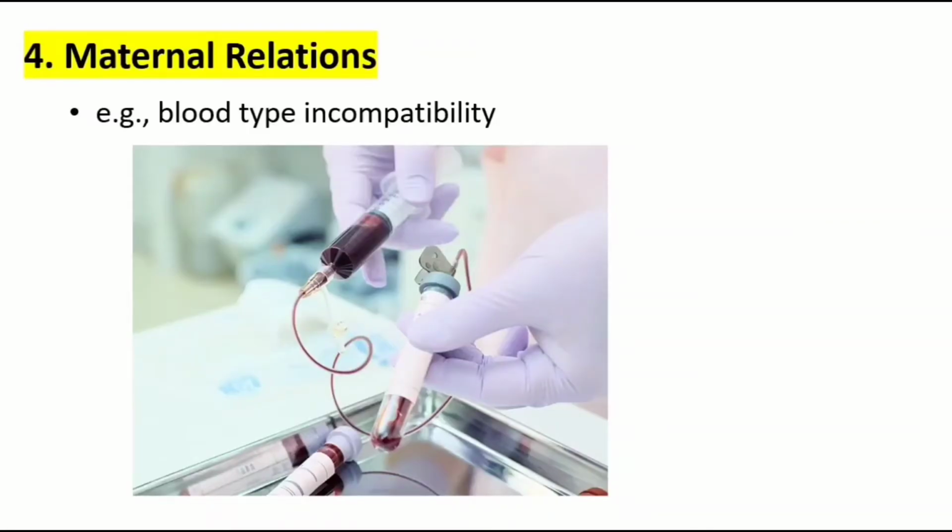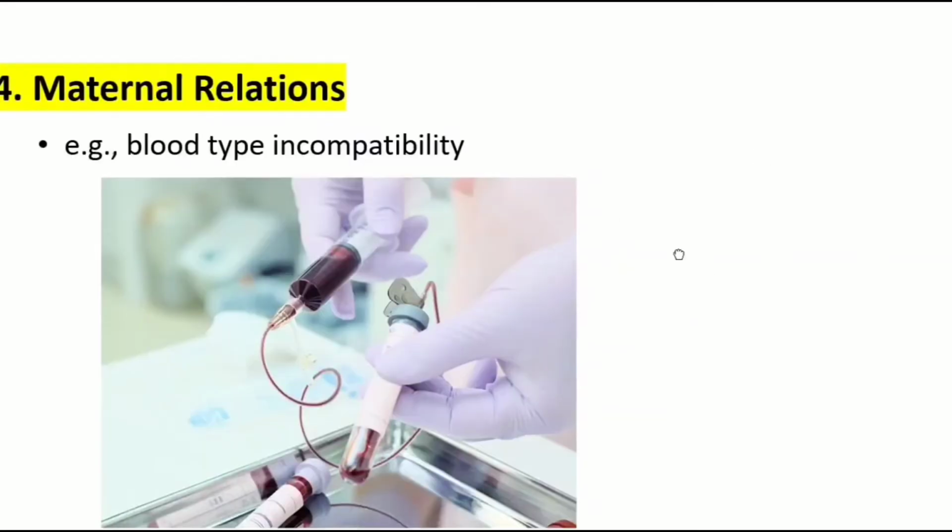Because there might be an interaction between the two blood types, that of the baby and that of the mother. Okay? So, maaaring ang baby won't survive or there might be complications that could occur. Okay? So, yun yung phenotypic changes, no, that happen because of blood type incompatibility. So, yun yung example or illustration for maternal relations.